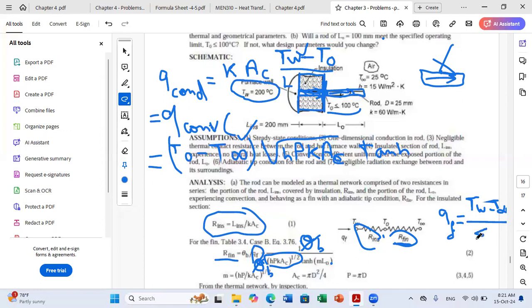And once I get Q_f, I can apply between T wall and T0, or between T0 and T infinity. So it's equal to T wall minus T0 over R insulation.